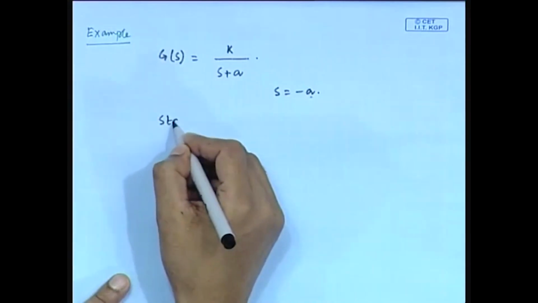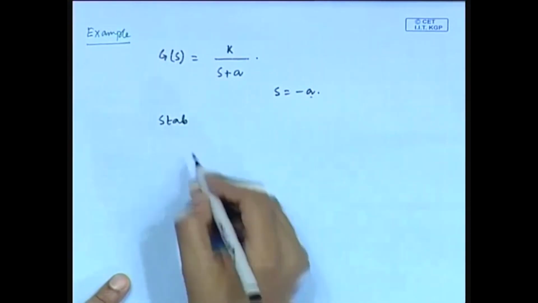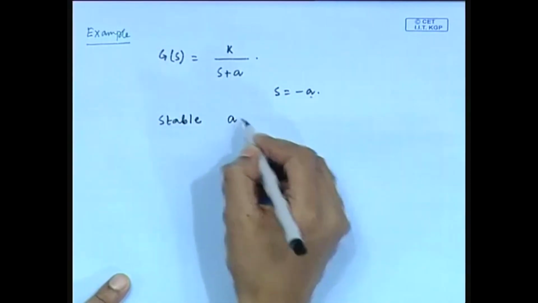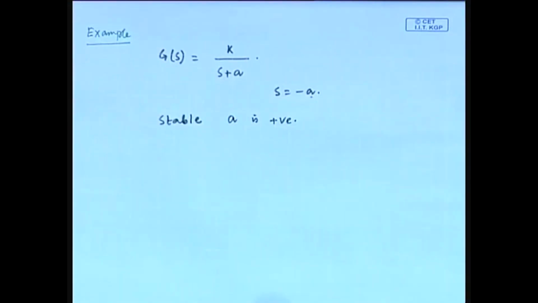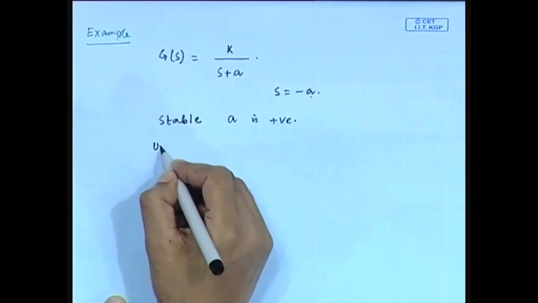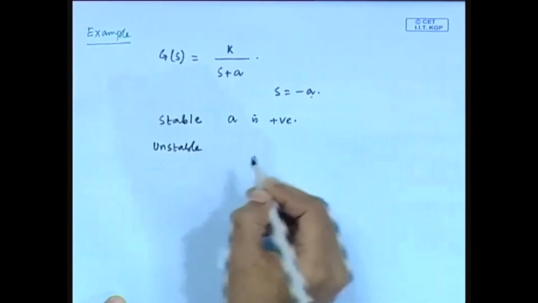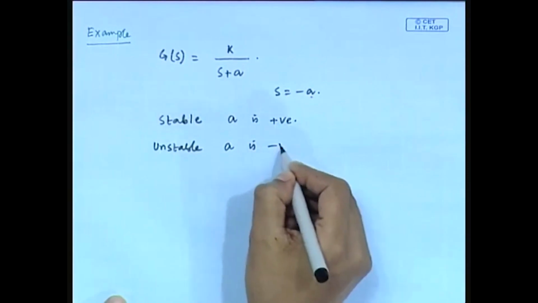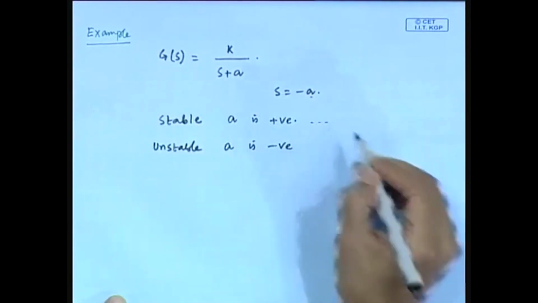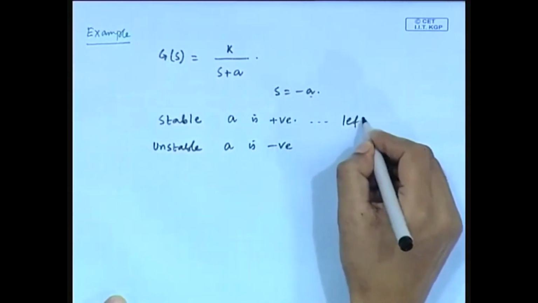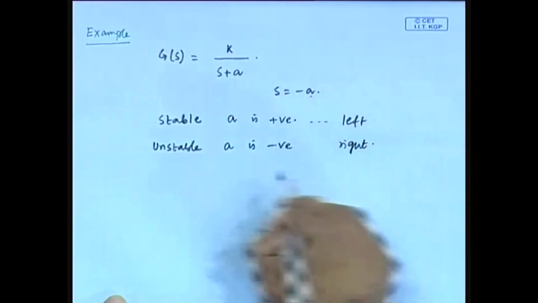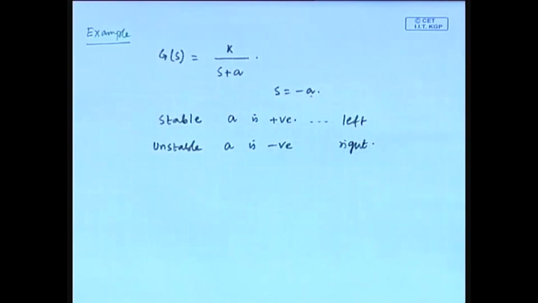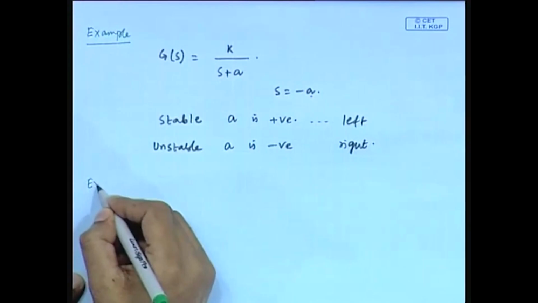We can say the system having the transfer function G(s) is stable only if a is positive, fine. If a is negative, it is unstable, because in the first case the pole lies in the left side of the imaginary axis, and in this case the pole lies in the right side of the imaginary axis.